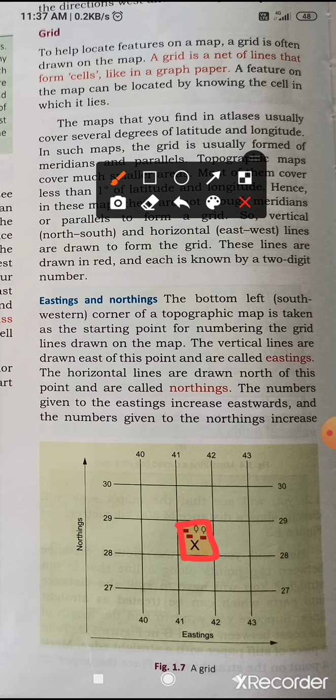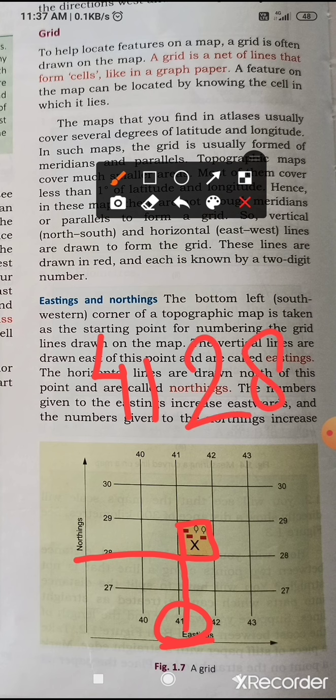First of all, we have to check this side. So this is 41. You will write first of all 41. Now you will check this direction. So this is 28. So in this form you can find out the 4-figure grid reference of x.